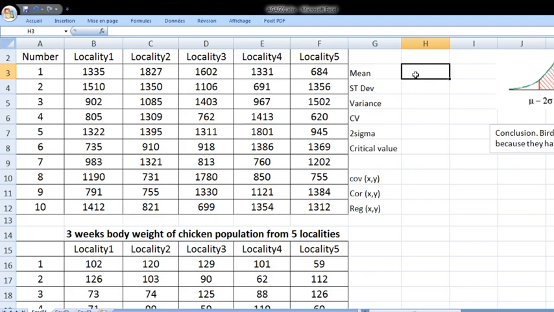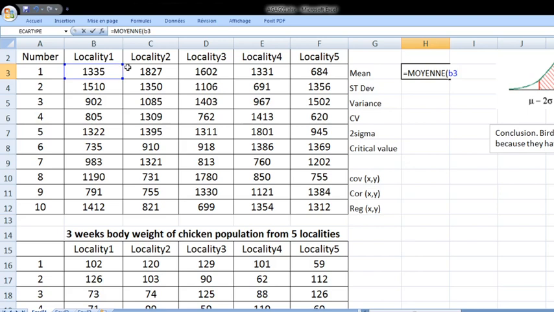So to start any estimate, we start by the sign equal. All what we are doing is appearing in the formula bar here, right? So we have equal, and then you have to type the corresponding function, that is the mean, in French moyenne. Good. Once I select it, bracket open, I now have to put the first cell of my data range, that is B3.